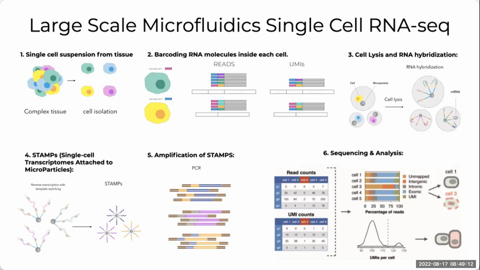And these STAMPs are then amplified by PCR, and once they are amplified, we subject them to sequencing. The sequencing actually produces read counts and UMI counts, depending upon the kind of library that we prepare. And these counts are the table or structured data that we use for further downstream analysis methods.